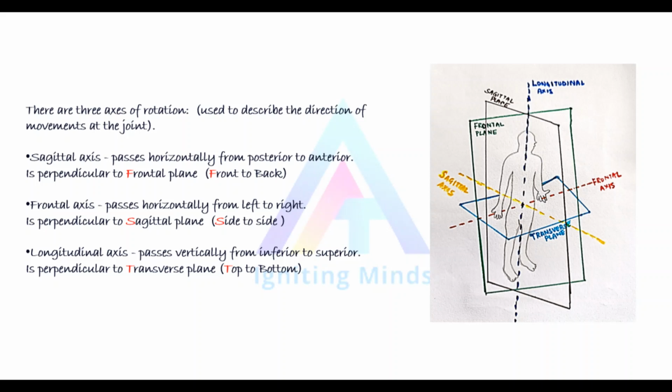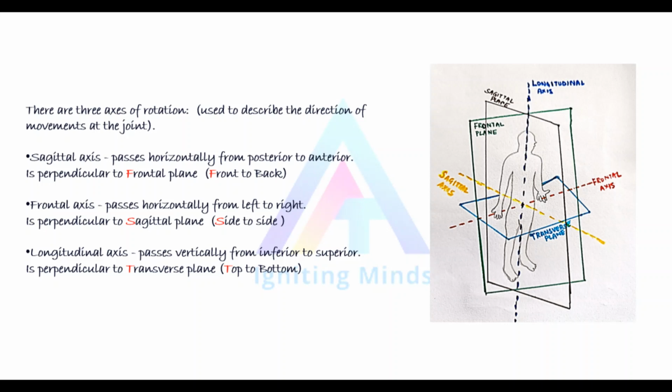Next is frontal axis. Frontal axis is perpendicular to sagittal plane that divides the body into a left and a right section. So frontal axis runs side to side. The last one is longitudinal axis. This is perpendicular to transverse plane, which divides the body into an upper and lower section.